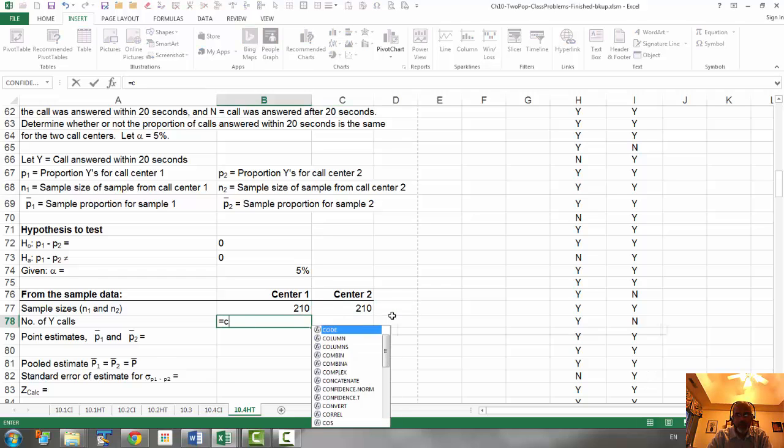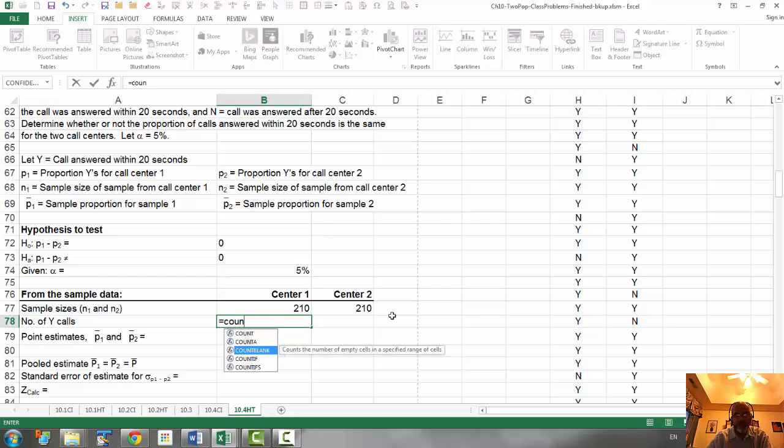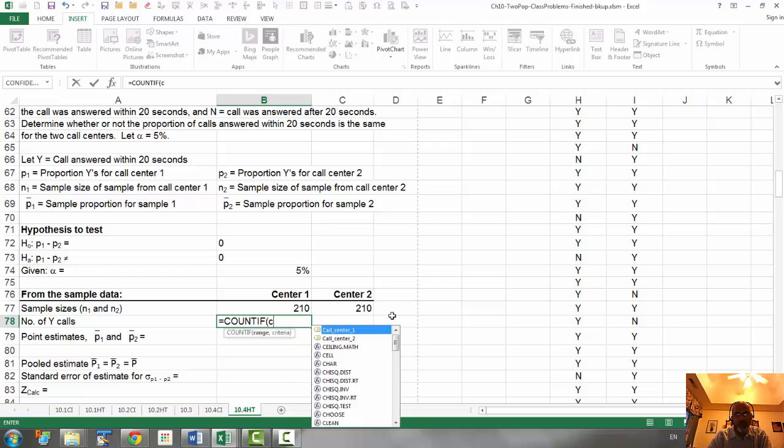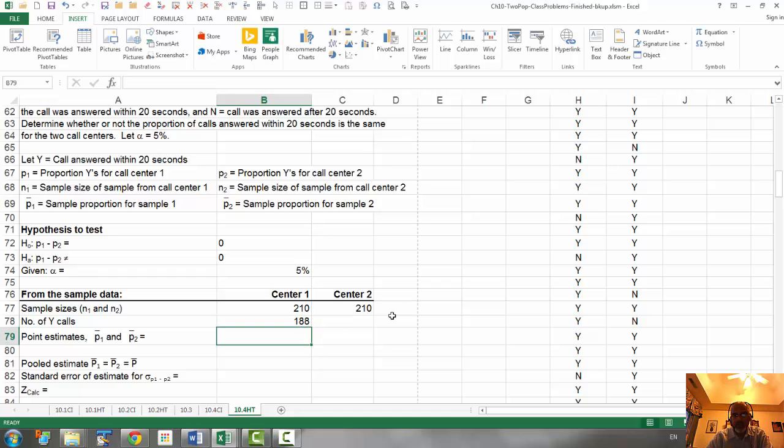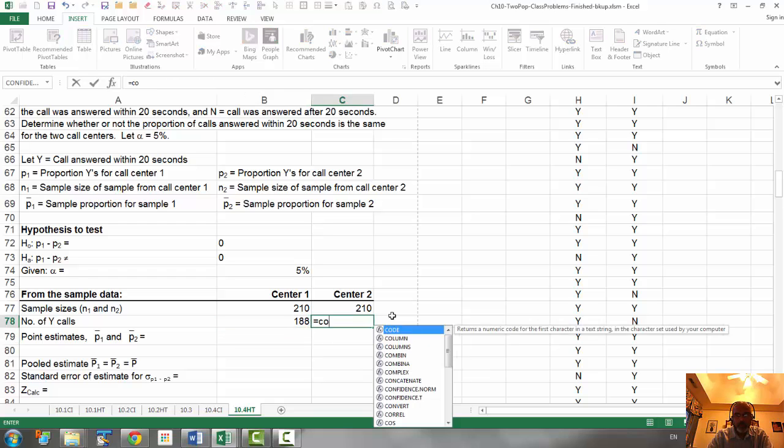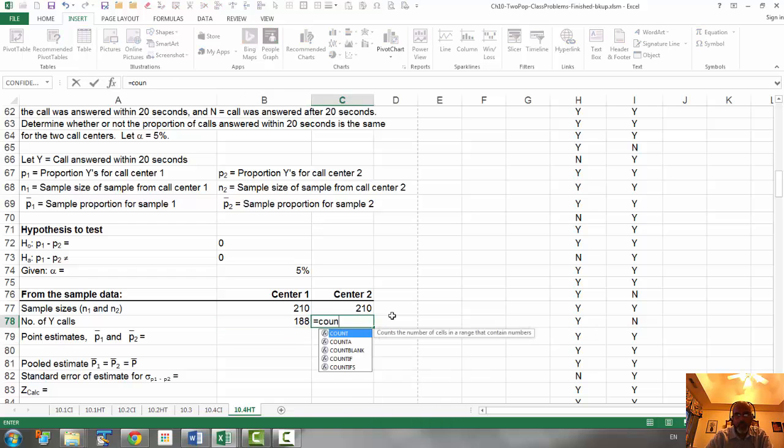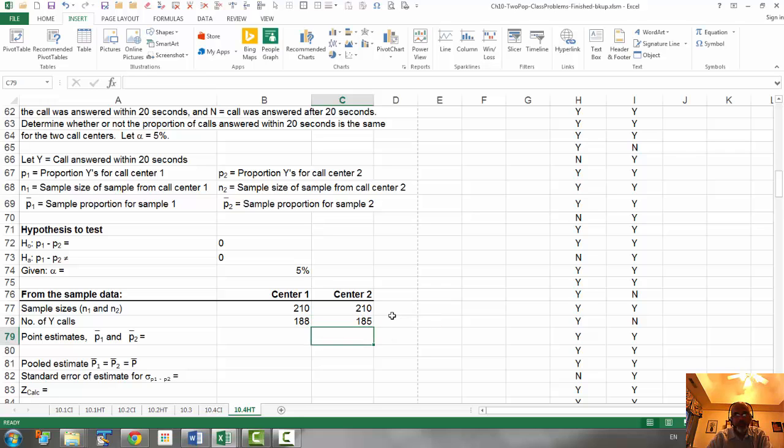Number of Y calls, remember we're going to use COUNTIF call center 1, and we want to see whether they are S calls, Y calls. So again, COUNTIF call center 2, Y calls, and then P sub 1 is that.